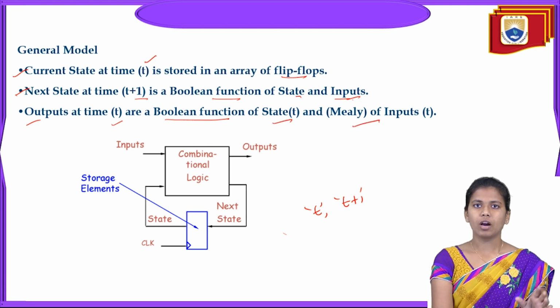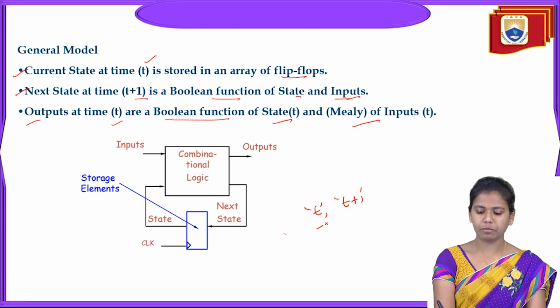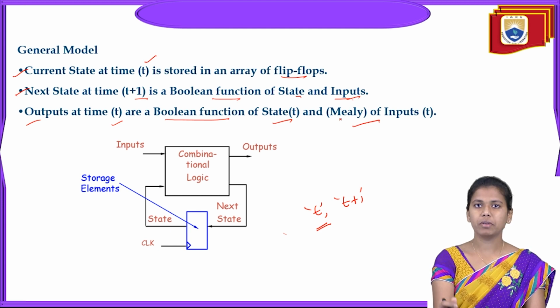The output is defined with respect to time T, and it depends on the machine you are considering: is it a sequential machine or a combinational machine? Compared to the combinational, we will go with the sequential machines. In the last class we discussed two kinds of sequential machines, that is, Mealy and Moore. These two are the basic sequential machines.